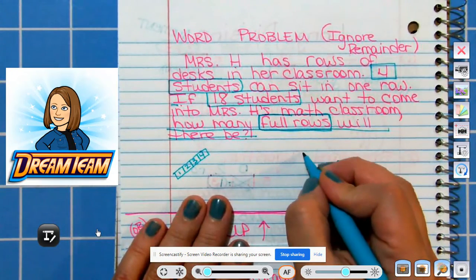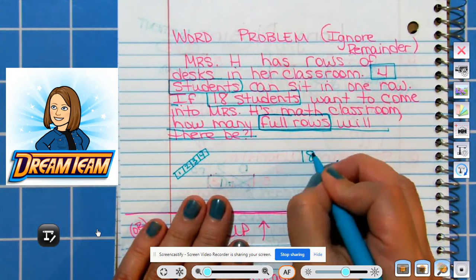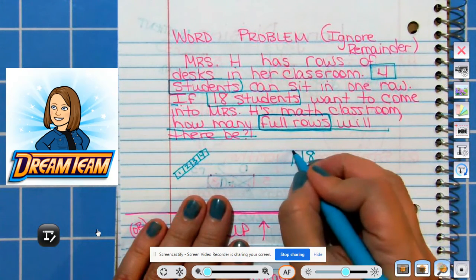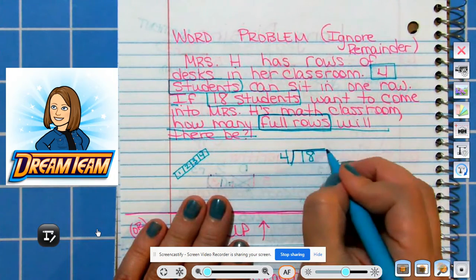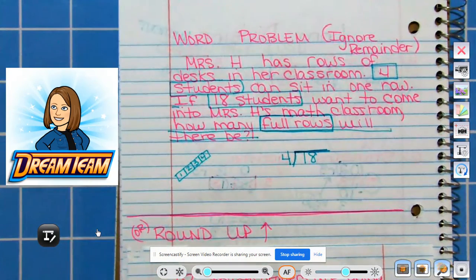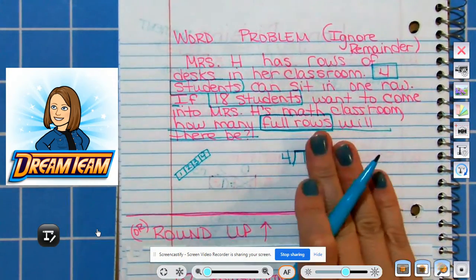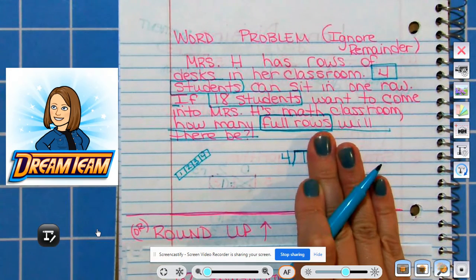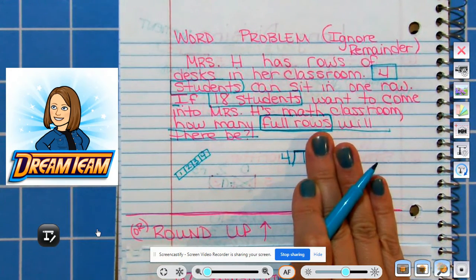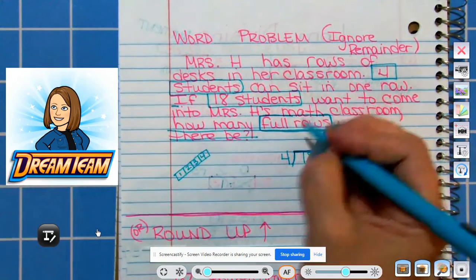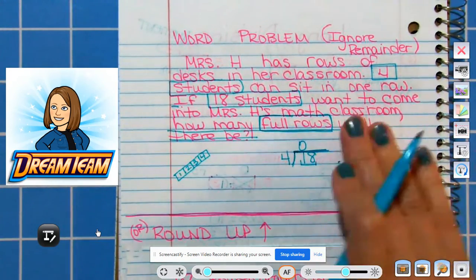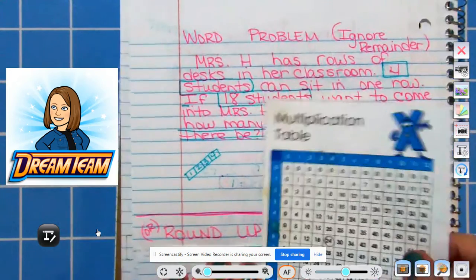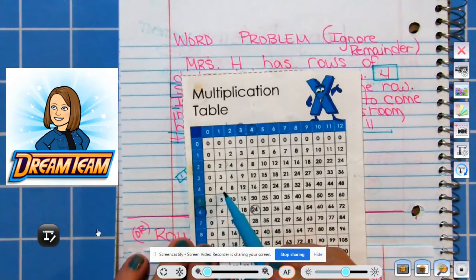So there's 18 students, and we're going to divide them by 4 because that's how many can go in each row. Can we get any groups of 4 out of 1? No. So when that happens, grab that second digit, 4 into 18. 1, 2, 3, 4, 5 would be too many.